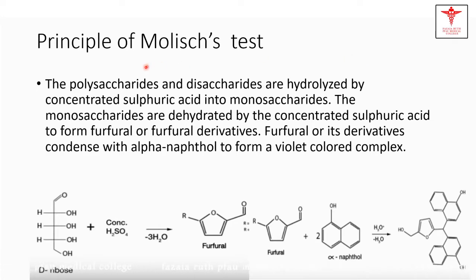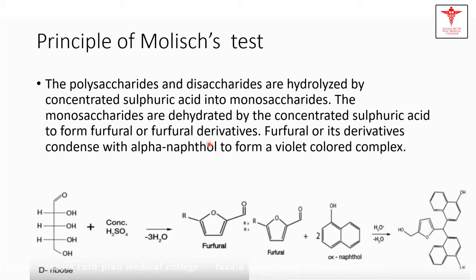The principle of Molisch's test is that if in a given sample there is a carbohydrate, if it is a polysaccharide, it will first be converted to disaccharide and then into monosaccharide, and this hydrolysis takes place due to sulfuric acid. Now once the carbohydrate has been hydrolyzed to its monosaccharide unit, then it gets dehydrated by the sulfuric acid and forms furfural or furfural derivatives.